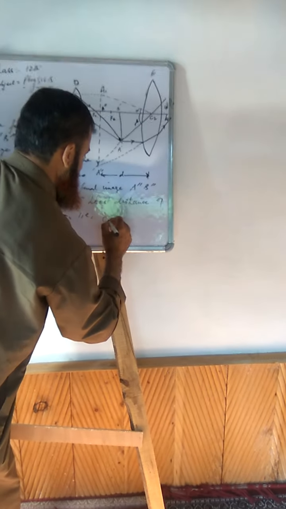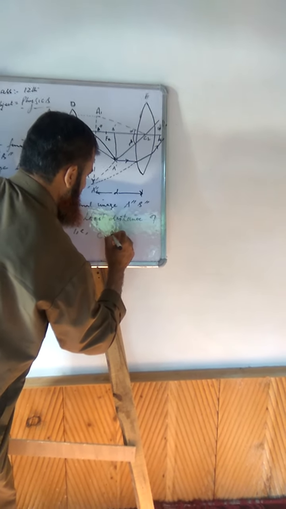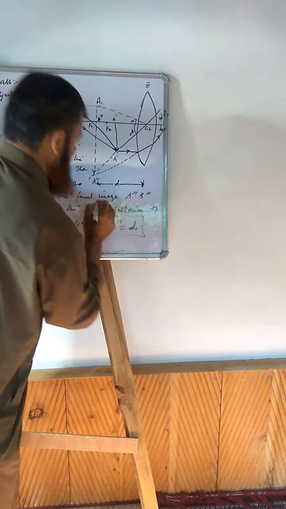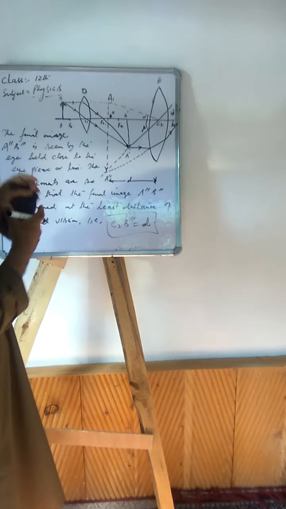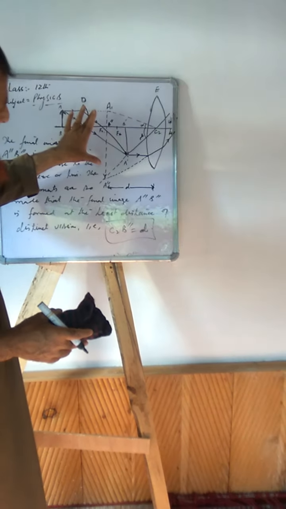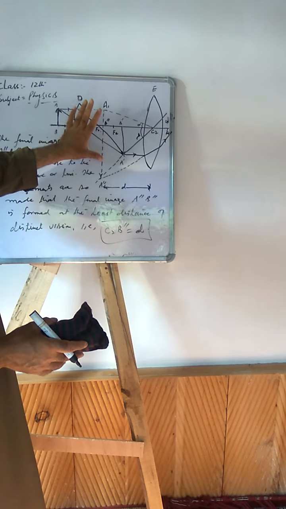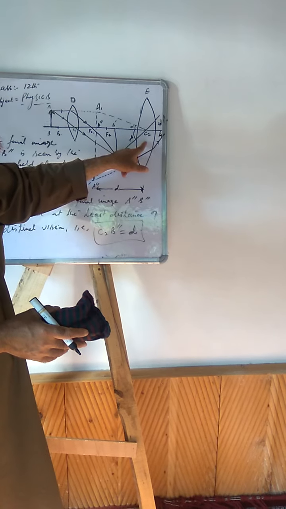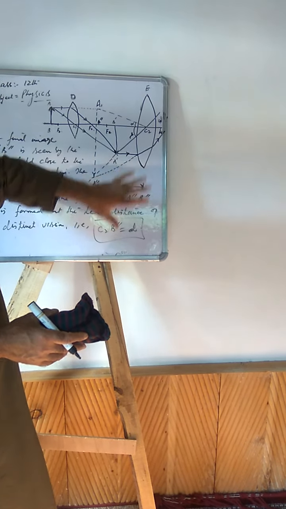That is, C to B double dash is equal to D, the least distance. That means the arrangements are so made that this final image A double dash B double dash is formed at the least distance of distinct vision from the eye lens or the eyepiece.